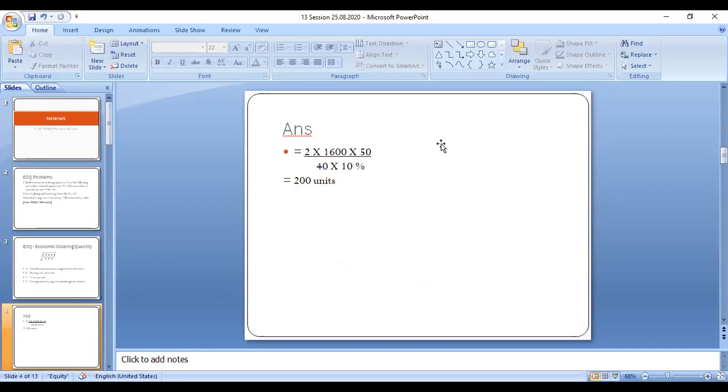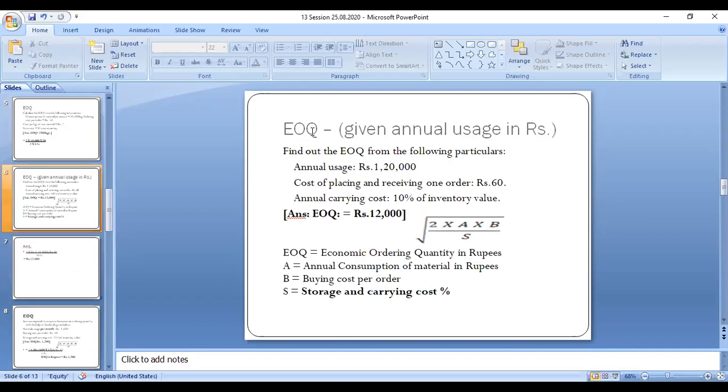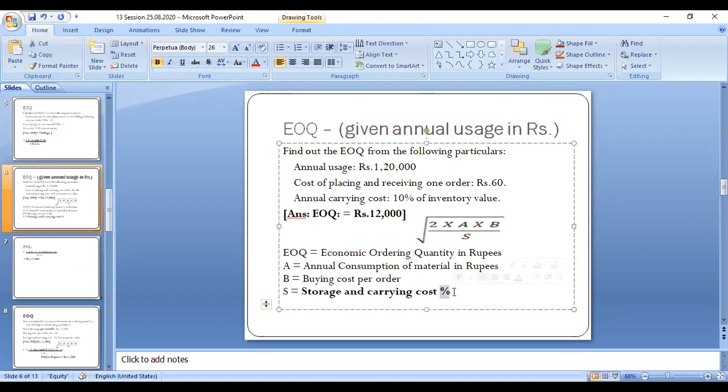In the second case, sometimes the annual usage is given in rupees. You apply the same formula with a slight change. In the denominator, there is no C into S, only S is given, that is the storage cost percentage.